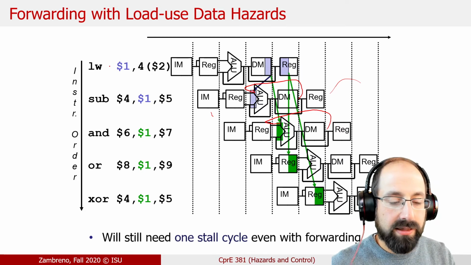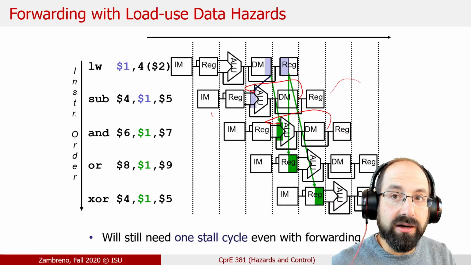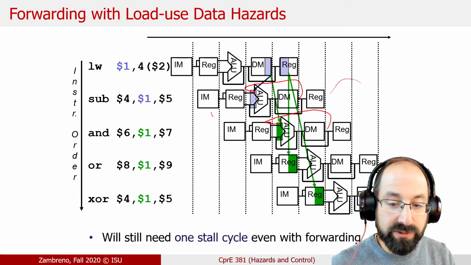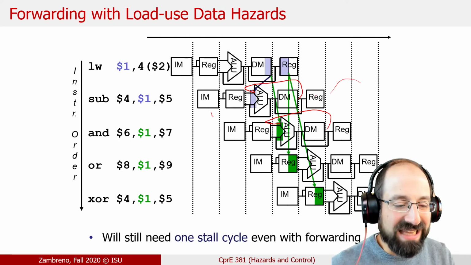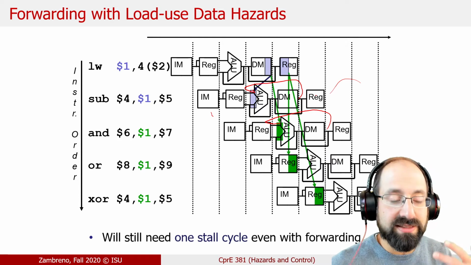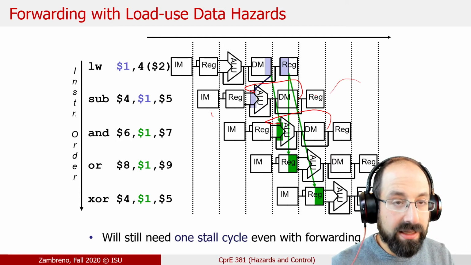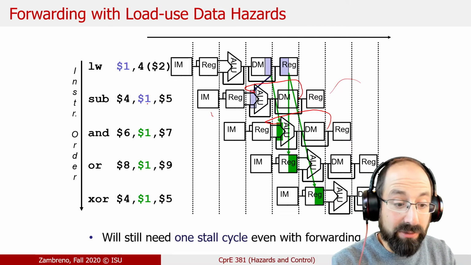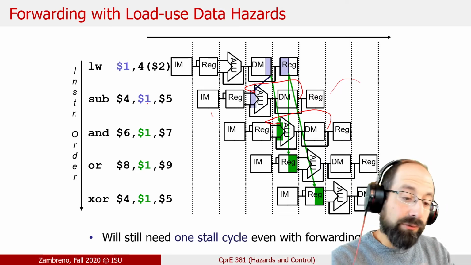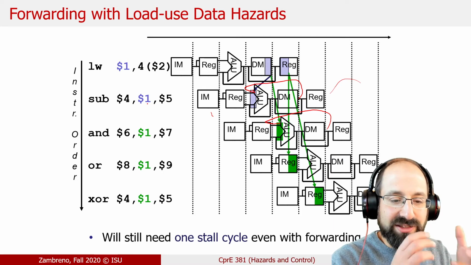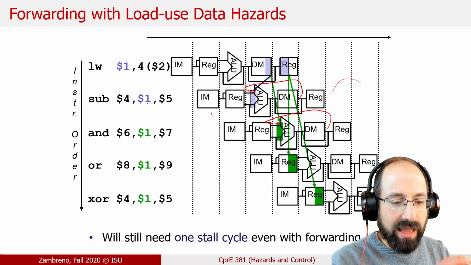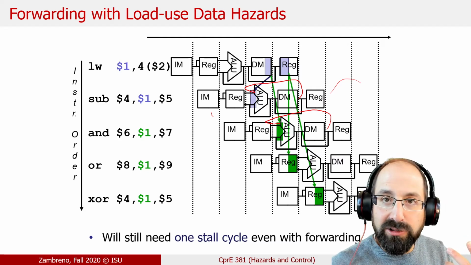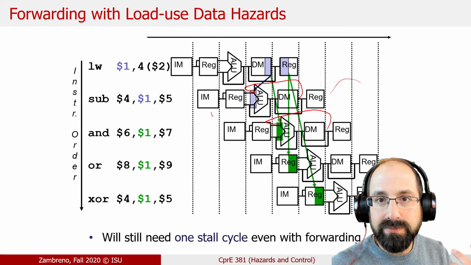It's 5 cycles to get started here, then 6, 7, 8, 9 cycles to finish up 4 additional instructions, plus 1 cycle because we're going to have to stall this sub instruction by 1 cycle. By stalling that sub instruction by 1 cycle, and we'll have to talk about how we design such a thing, we're not getting rid of the instruction. We're just telling that instruction to wait, for 1 cycle, because 1 cycle later the dependency will look like this dependency now.